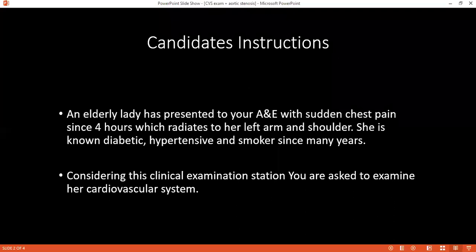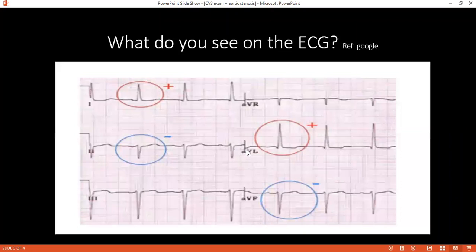Even if you say it wrong, if you have your reasons, you will pass. If you cannot give the reason, they will not pass you. So here, history tells you something, but if you say it is aortic regurgitation, then on the basis of the ECG you have to justify why you think it is aortic. This is mitral regurgitation, not aortic stenosis, right?